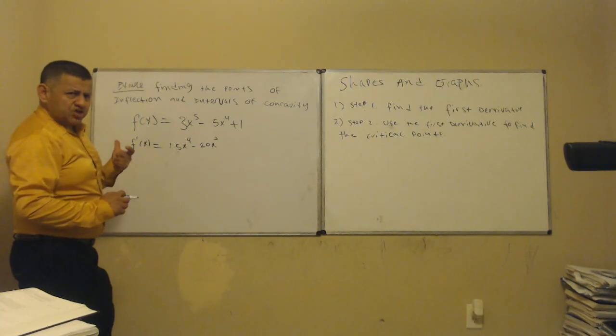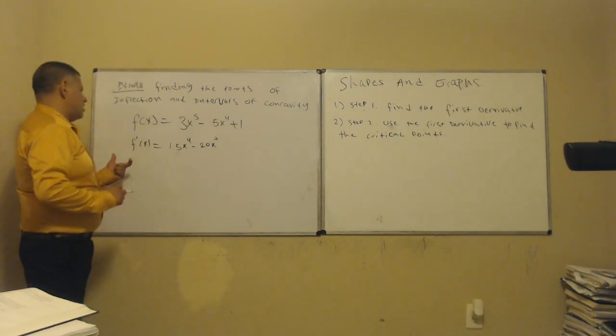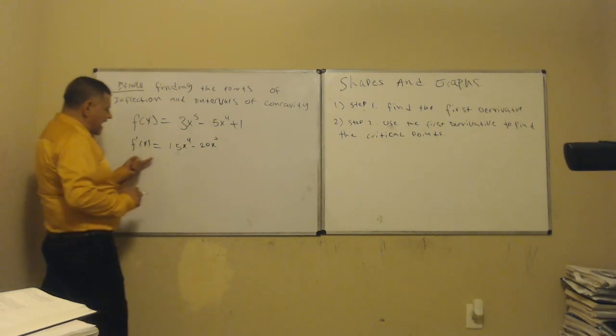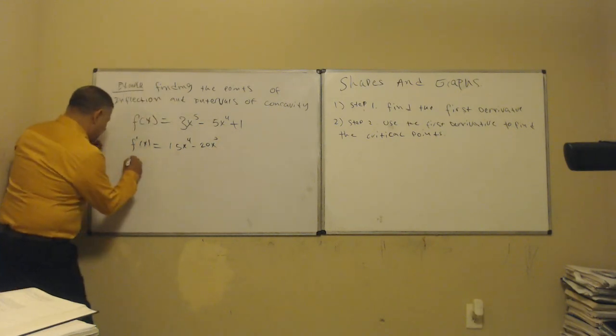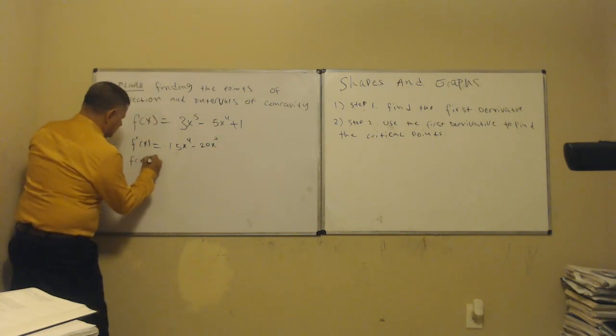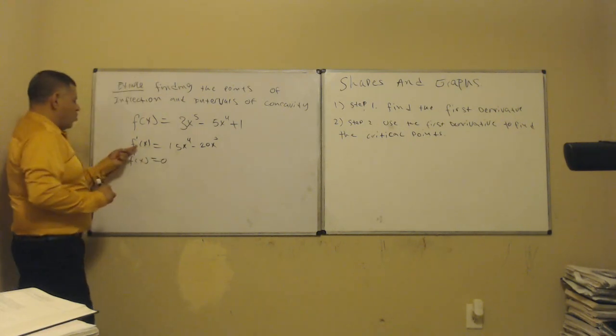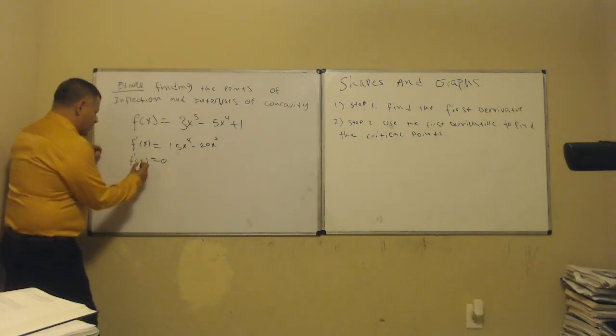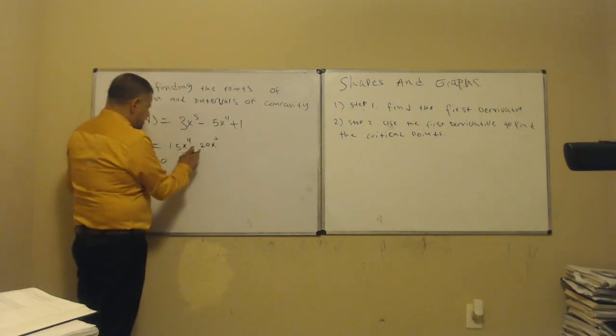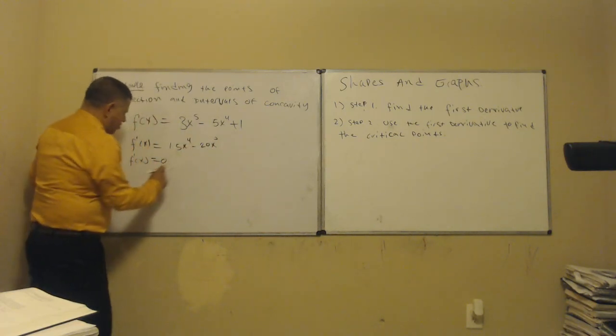That's the first derivative. Now, I set this equal to 0. So f prime of x equals 0.